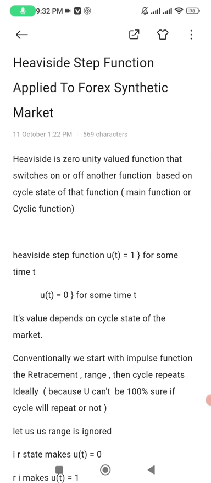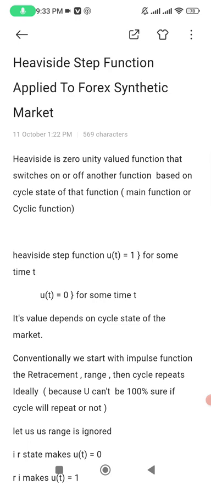So we will use the Heaviside step function to activate the impulse signal and create the impulse, and use it simultaneously to reject the retracement signal, or destroy it, like zero the retracement signal, make it absolutely zero.